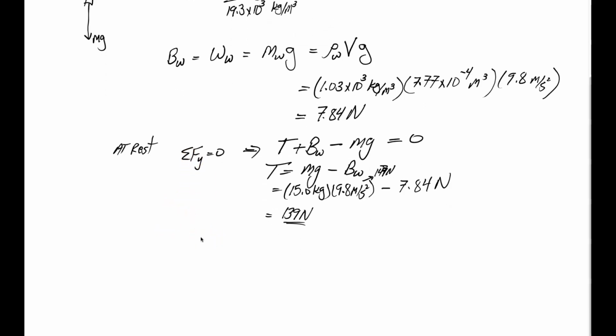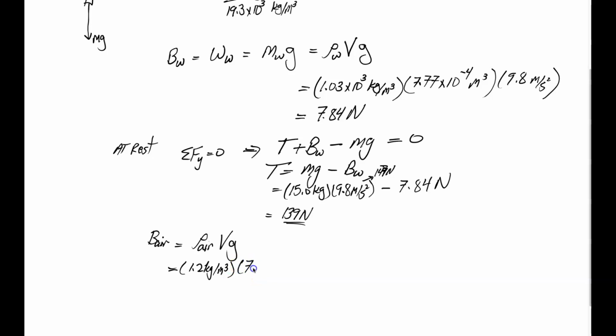So if we consider now the statue to be in air, then the buoyant force in air is going to be the density of air times the volume displaced times G. And the density of air is 1.2 kilograms per meters cubed.